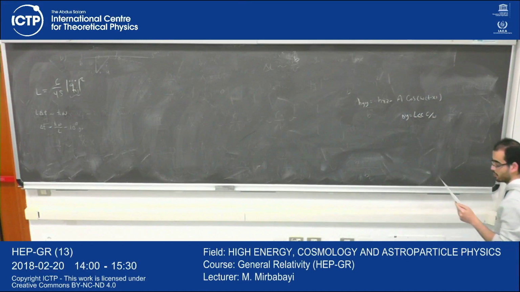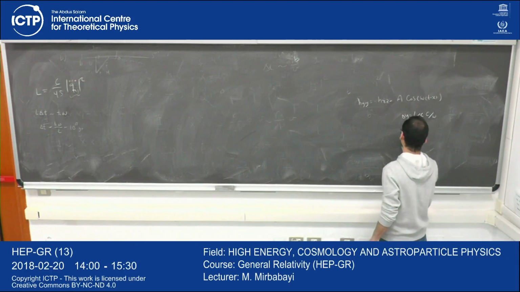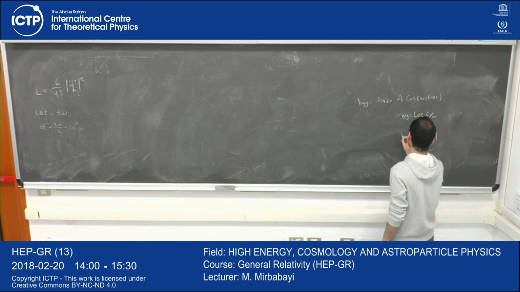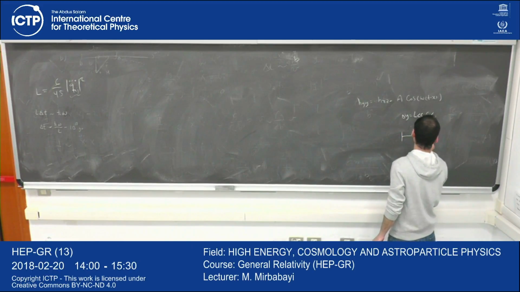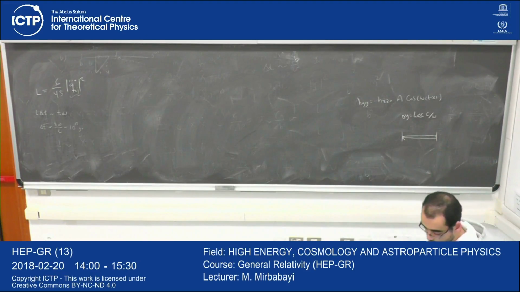Calculate the time it takes, measured by the clock attached to one of the mirrors, for the laser light to go to the other mirror and come back. So we have two mirrors on the y axis. A laser shines here and comes back, and we want to calculate the total time of this trip in this gravitational field.